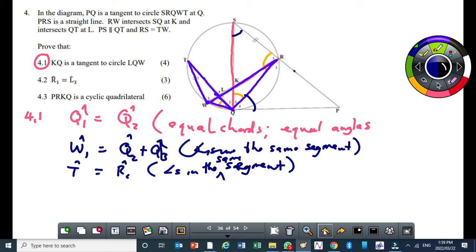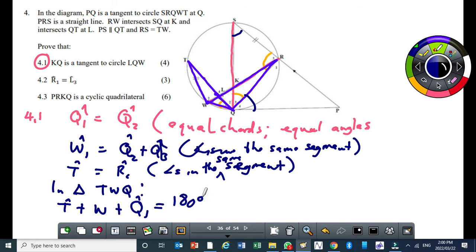So I'll say in triangle TWQ, okay? In triangle TWQ, angle T plus angle W plus angle, now that will be Q1, right? Plus Q1, this will give me what? 180 degrees.